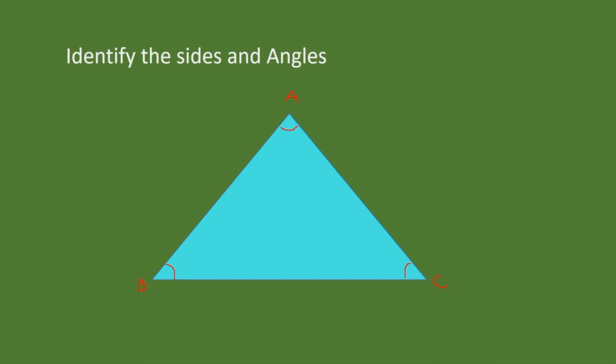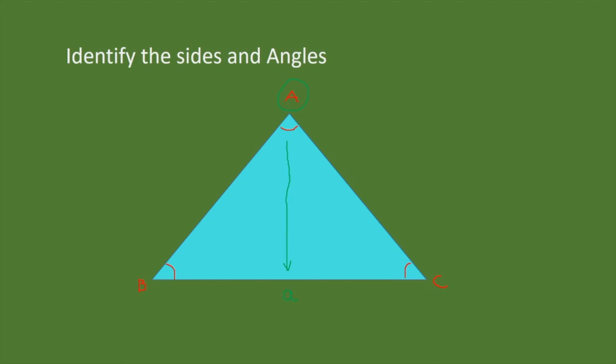And the next is the side opposite to the vertex. Here we have point A, and the side which is opposite to this angle we will mark as a, but in lowercase, that is a simple letter.